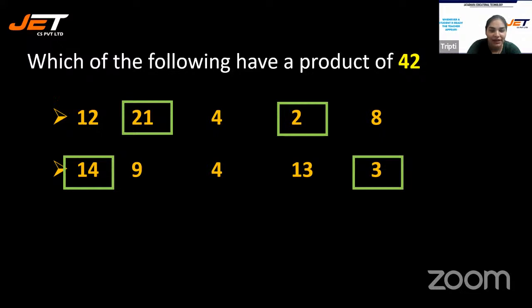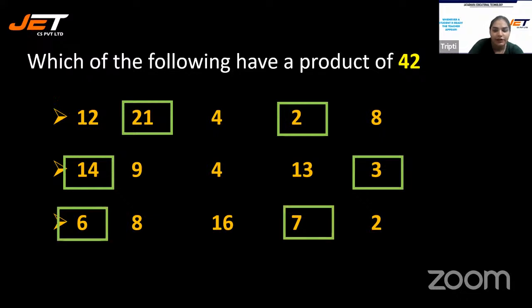Next one. All right, so here 6 and 7. 6 times 7 is 42.